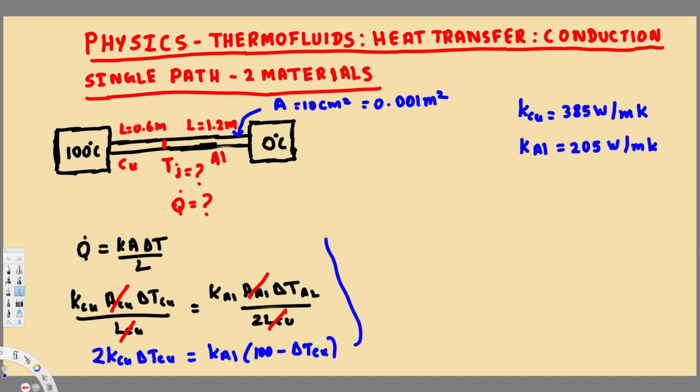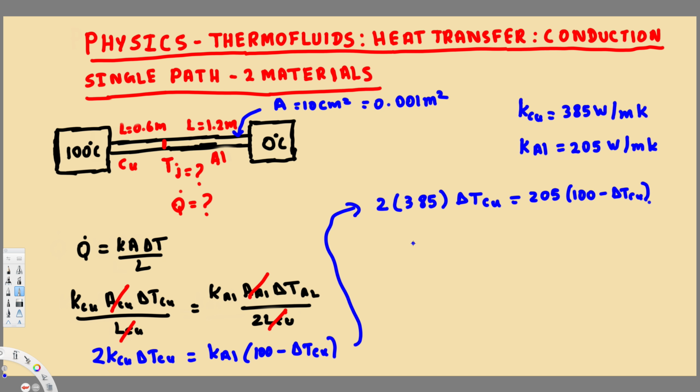So first, let's continue this one right here. First we have 2, and the thermal conductivity for copper is 385, and delta T_Cu is what we are trying to find. That is equal to K_Al, the thermal conductivity of aluminium, which is 205, times 100 minus delta T_Cu.